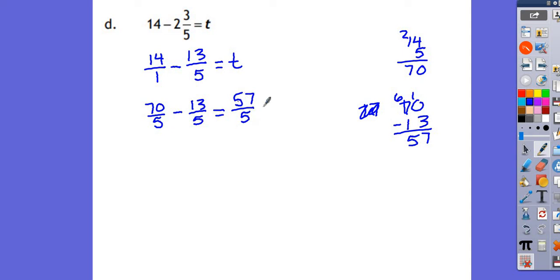I need to see how many times 5 can go into that. It can go 11 times and gives me 55. Okay, that means there would be 2 left over. And that is as simplified as it goes. So 11 and 2/5 would be my answer to D.